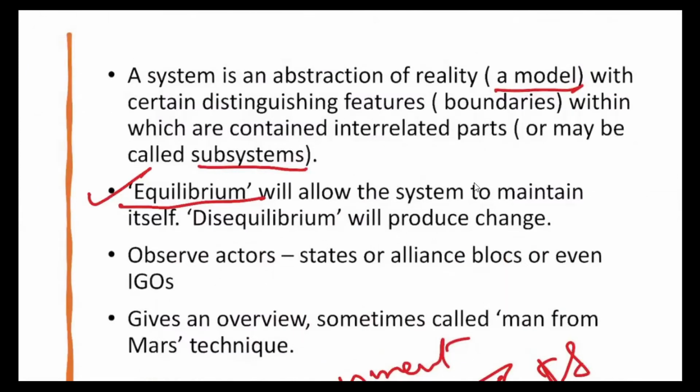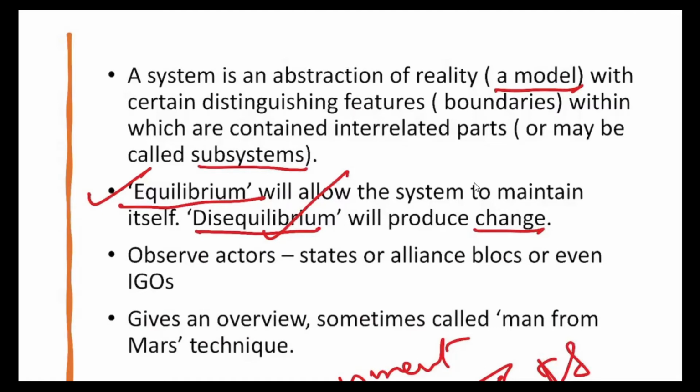Equilibrium is a state where there is a harmonious relationship across parts and the relationship is stable. But when the relationship is changing, then disequilibrium will be produced, or you can say disequilibrium will produce change, or change outside will lead to disequilibrium. So stability is about equilibrium and change is disequilibrium.